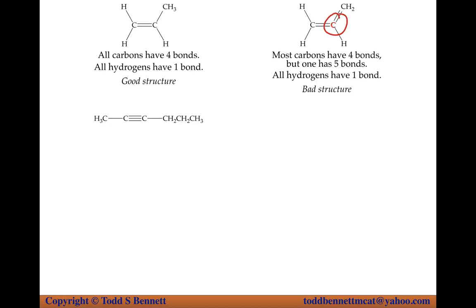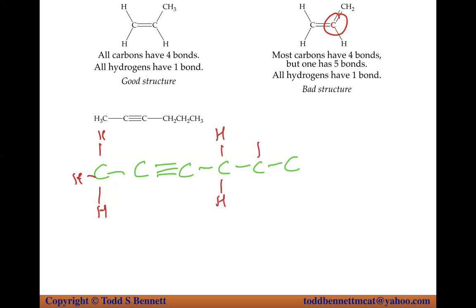If I were to draw this out more precisely, it would look like this, with 1, 2, 3 bonds to H. Then 1, 2 bonds to H, so we call it a CH2. 1, 2 bonds to H, call it a CH2.